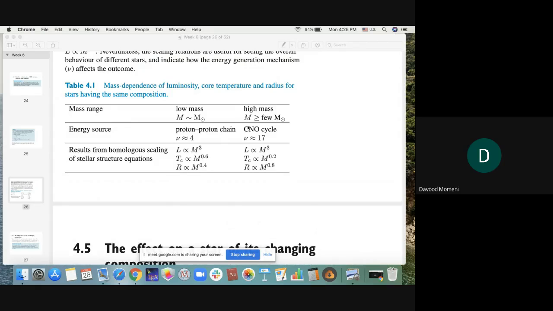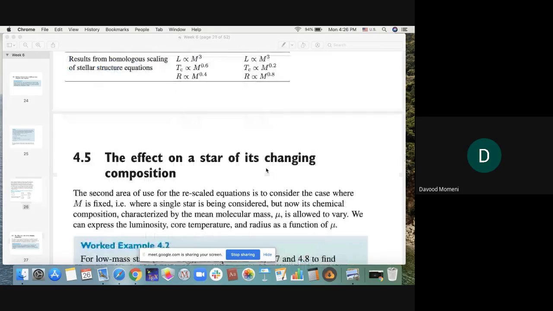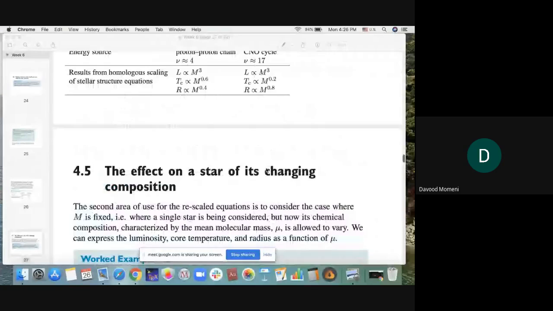And for high mass stars, the exponent is high, nu is 17, so those expressions also give you luminosity, core temperature, and radius. Any question about this table?